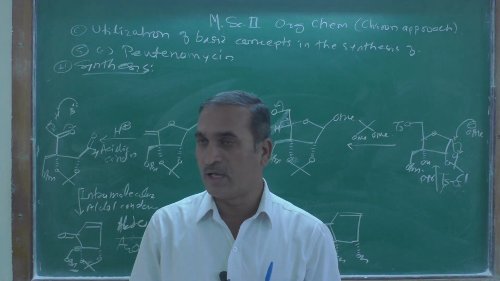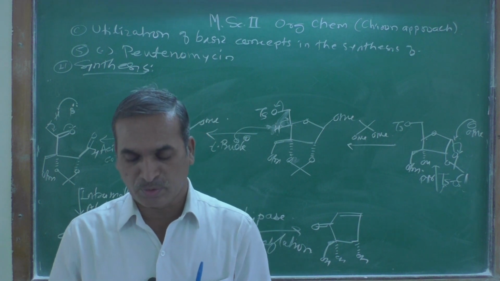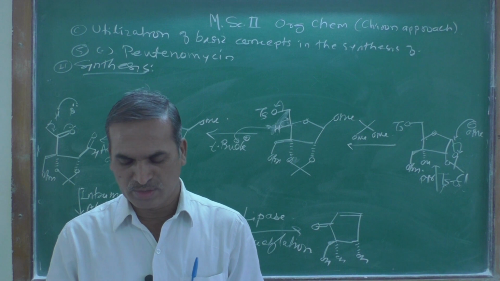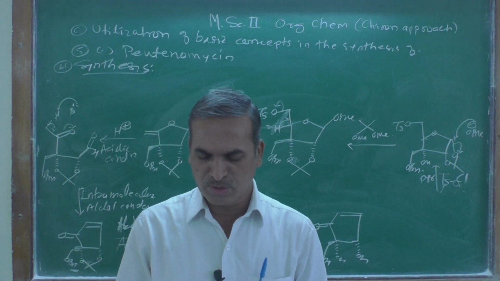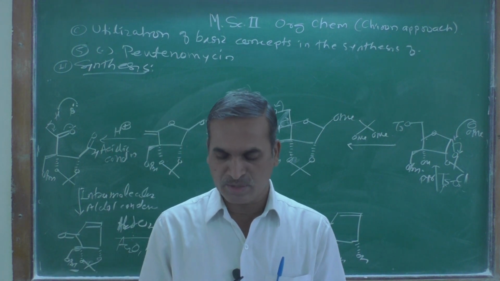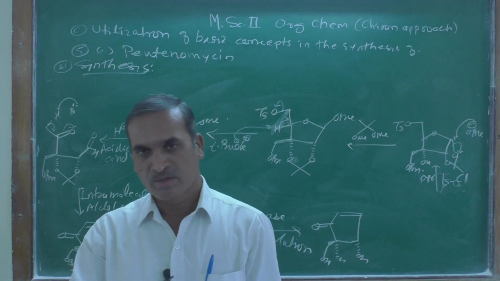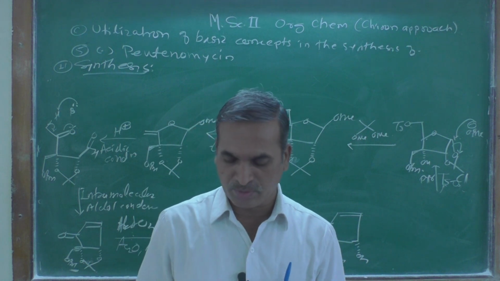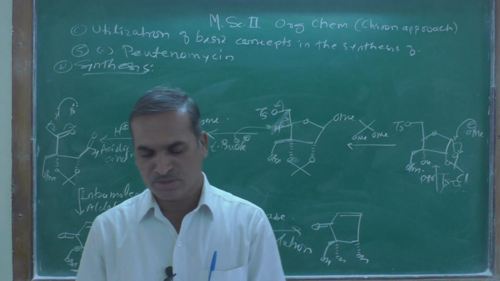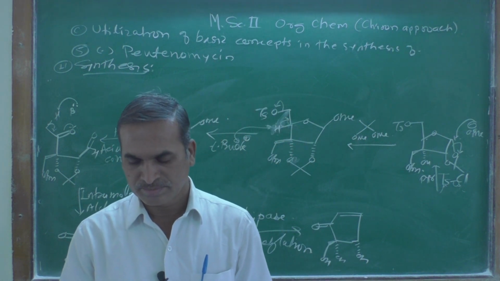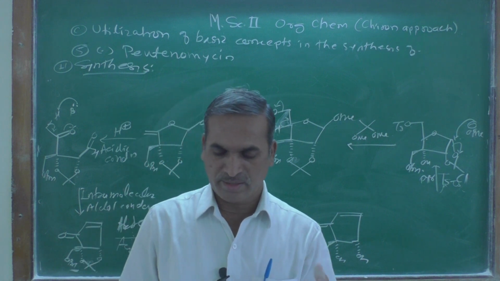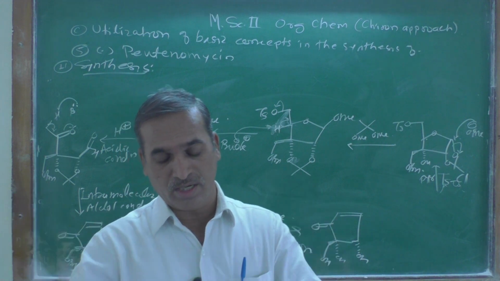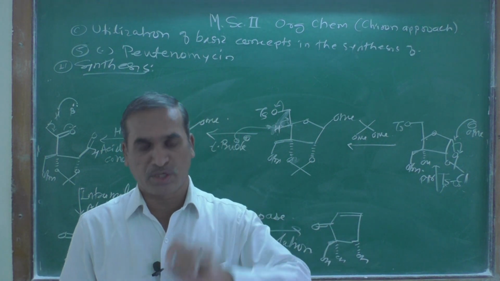It is always used for the protection of the primary alcohol, and after that we use methanol, Me2C(OMe)2, H plus, that selectively one gets deprotected and another 1,2-diol protection, that is selective, then tertiary butoxide, then finally lipase deacetylation is carried out, and we got the final minus pentenomycin.